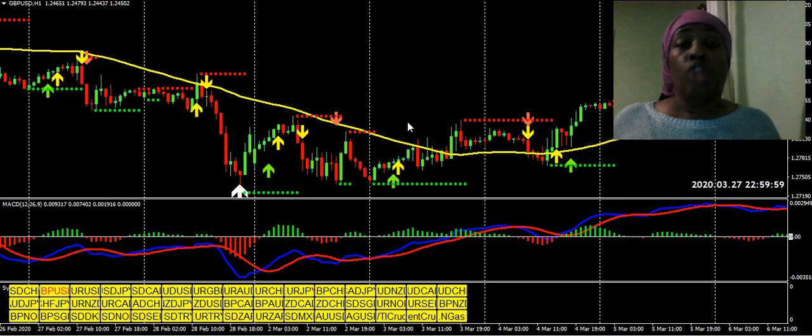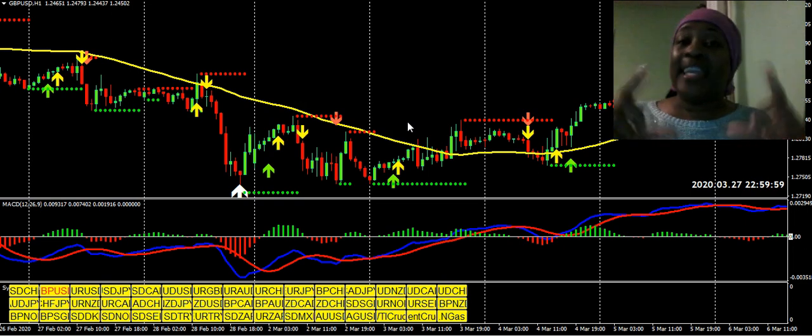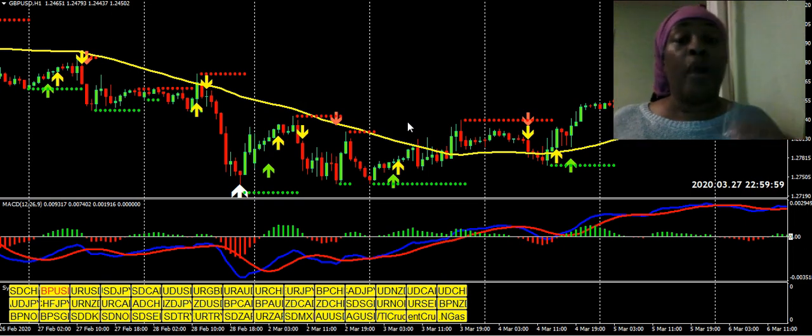Because here's the deal. The longer you're in the market, the greater the chance of the market going against you, and going against you in a way that can potentially hit your stop loss or blow your account. So what we do is we focus on the minimum pips, which is 20 in our case, right? We focus on 20 pips in and out of the market, but we compound our account.